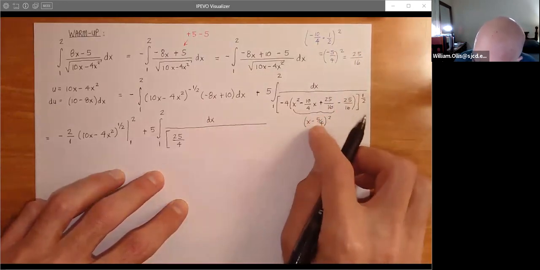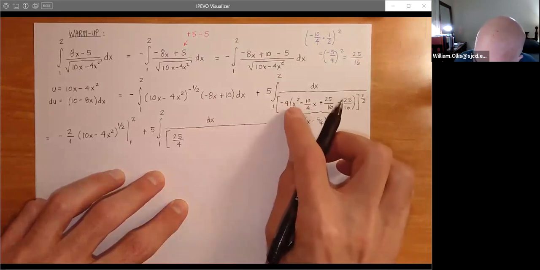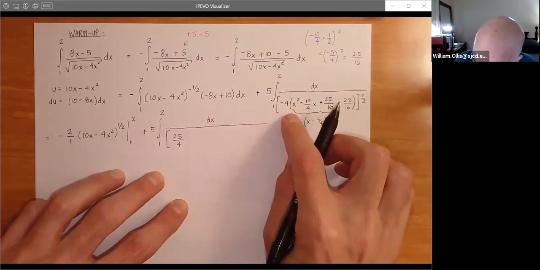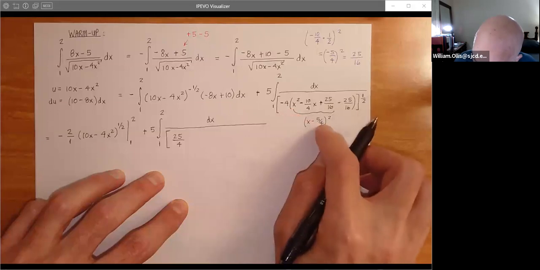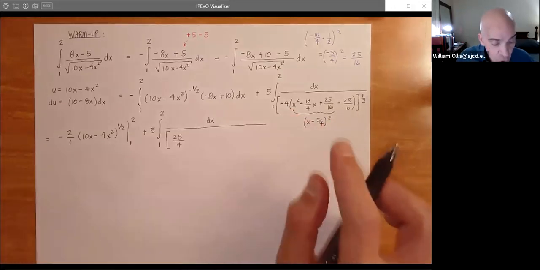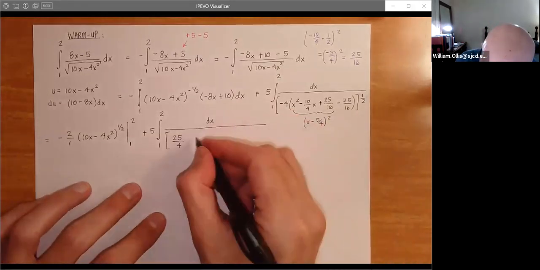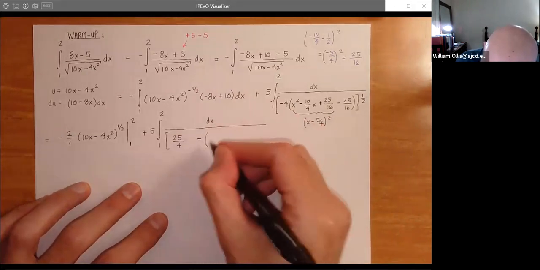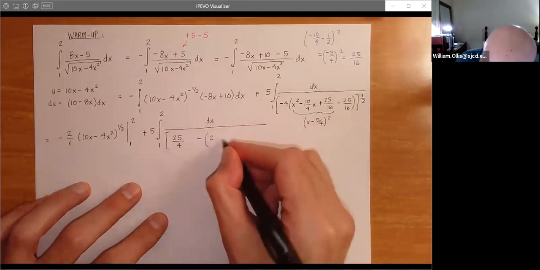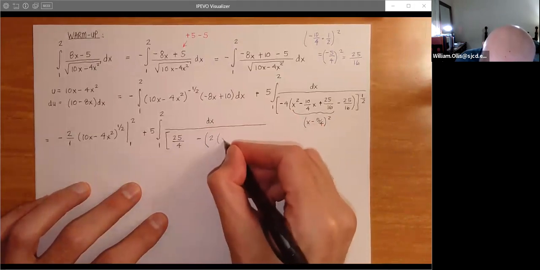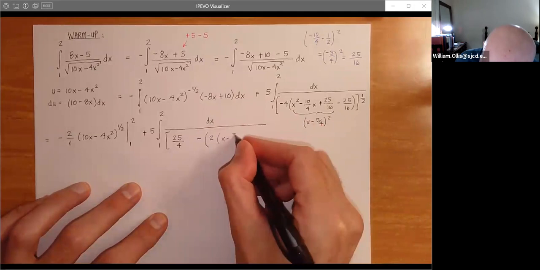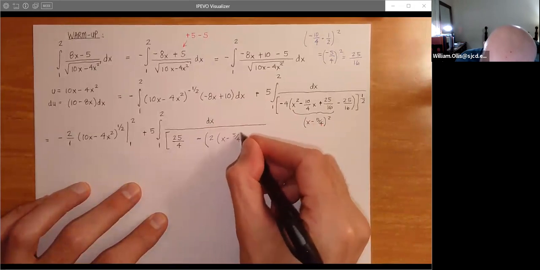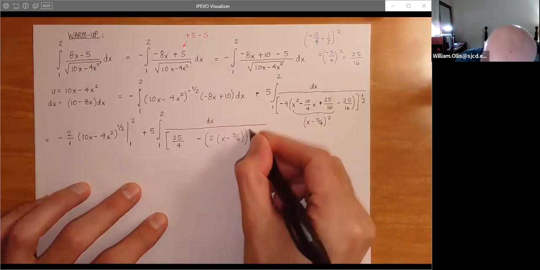Okay, and then notice we want to pull in the negative 4 here into the square, so we'll make that into a 2. So we'll have minus 2x minus 5 over 4 all squared.